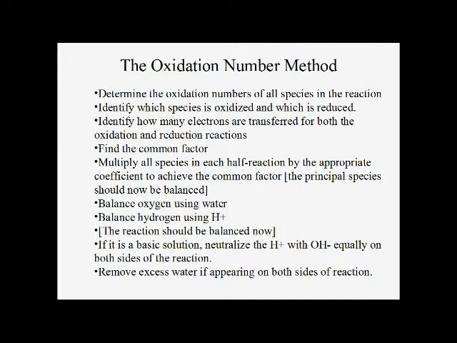And then we identify how many electrons are transferred for the oxidation reaction and for the reduction reaction separately. So if oxidation number goes from +1 to +3 for oxidation, that's 2 electrons transferred. If it goes from +6 to +3 for the reduction, that's 3 electrons transferred.